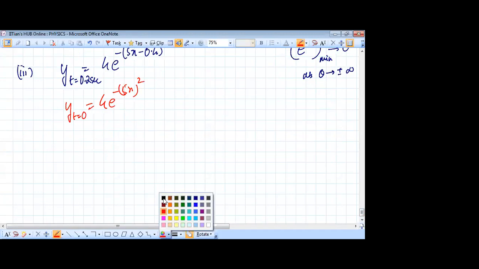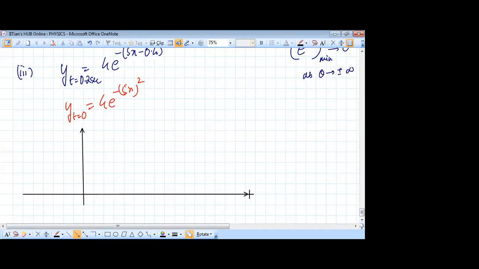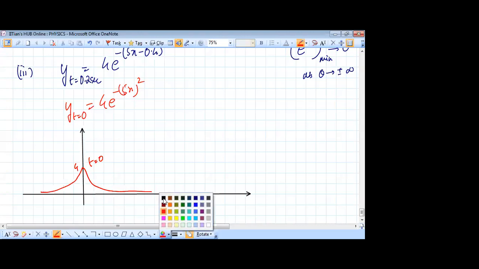So the graph of y versus x will be like this. It will be an exponential pulse such that, for example, at t equal to 0, the pulse would have been peaking here. This is how the pulse looks at t equal to 0. Its peak value is 4, which is occurring at x equal to 0.